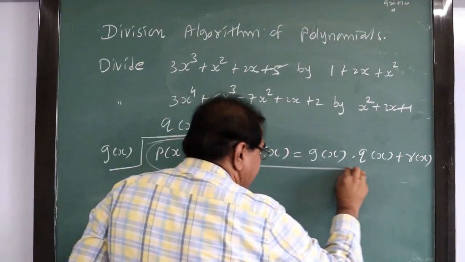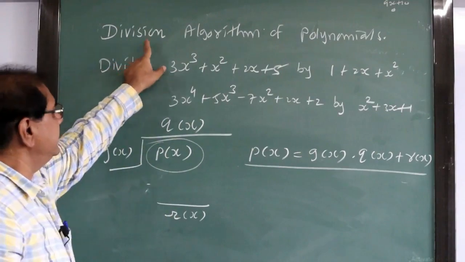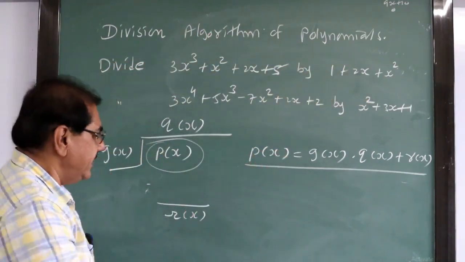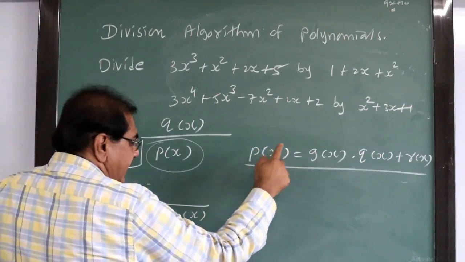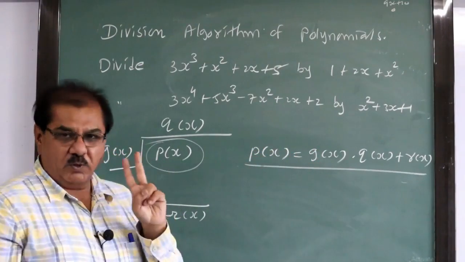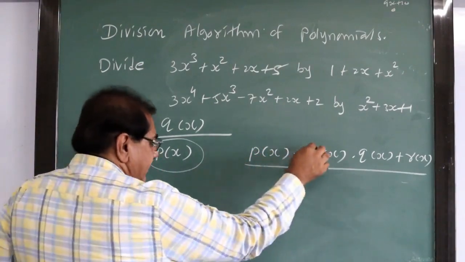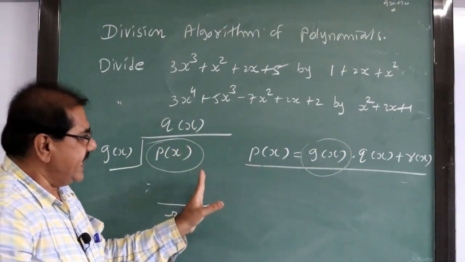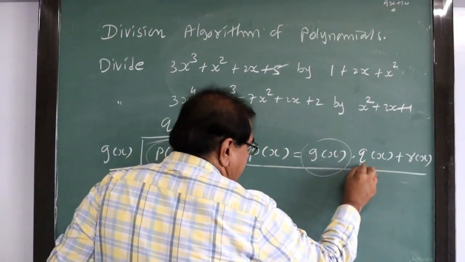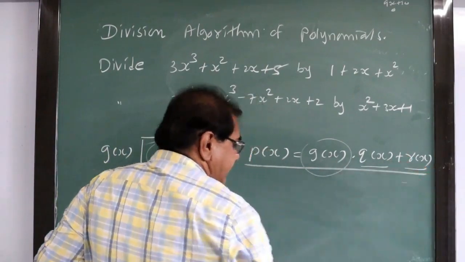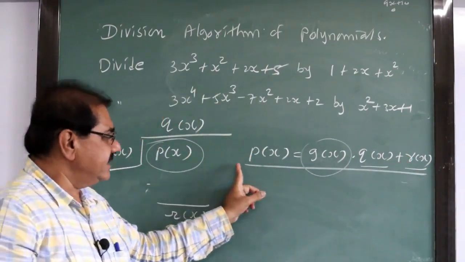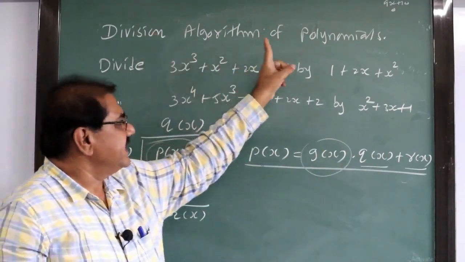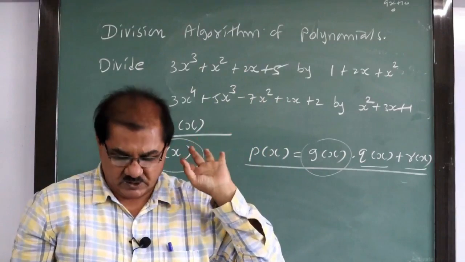This statement is known as the division algorithm of polynomials. In words, we can say: if p of x and g of x are two polynomials where g of x should not be 0, then we get q of x and r of x such that this equation holds. Such a statement is known as the division algorithm of polynomials.